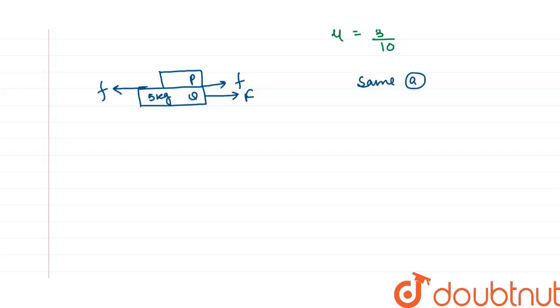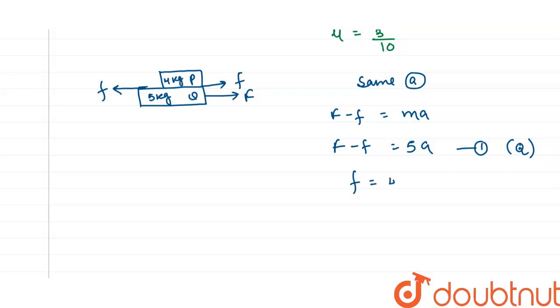So for block Q, I can write F minus f equals mA, and the value of mA is 5A, so F minus f equals 5A. This is for block Q. Similarly for block P I can write f equals 4A, because the mass is 4 kg.